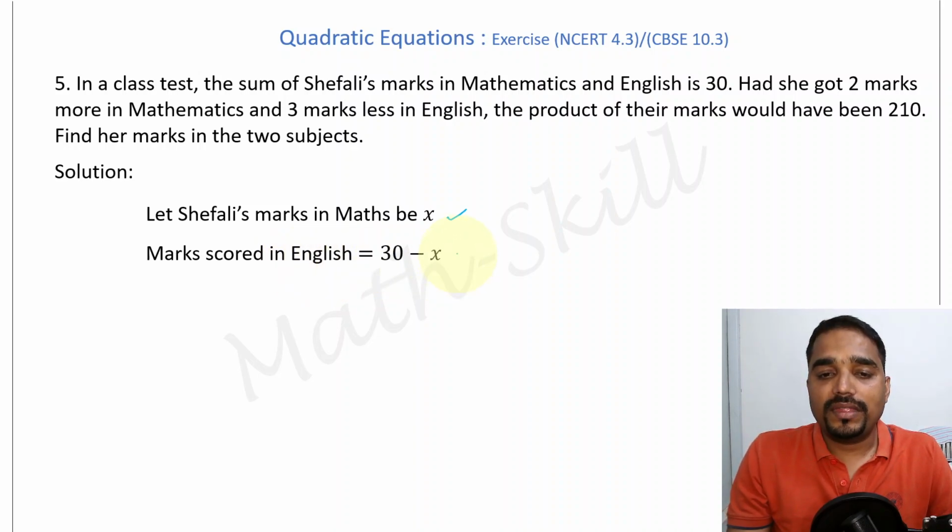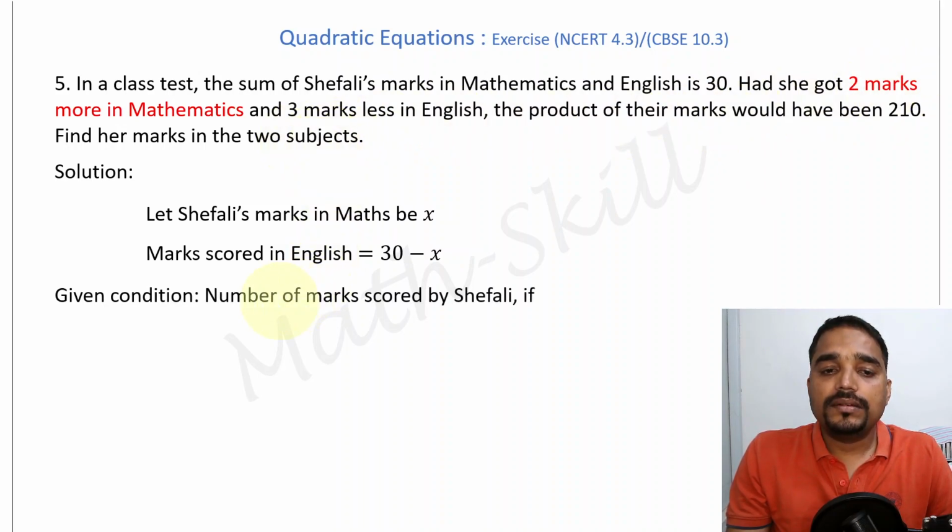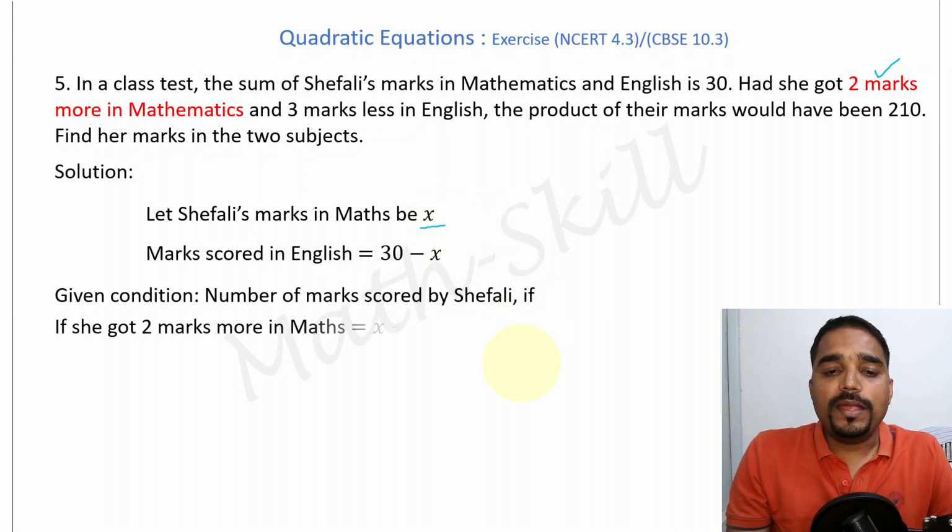Coming to the next condition, if she had got 2 marks more in mathematics: because we have assumed the initial marks she scored as x, then with 2 marks more, the marks in mathematics would be x plus 2.